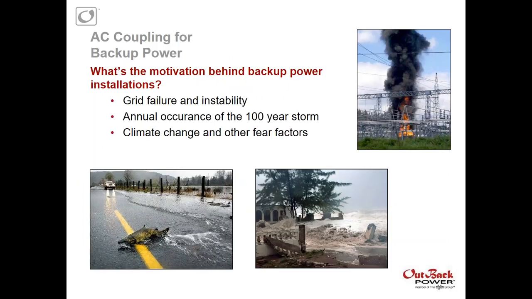For us, we've always provided backup, even going back to the days before Outback, when many of our people here were working at Trace. The whole concept was either off-grid or battery-based type of stuff. So a few years ago, we essentially decided to make a product that made it easier for someone to add batteries to these types of systems. I'll go through a little bit about how it was done before that as well.